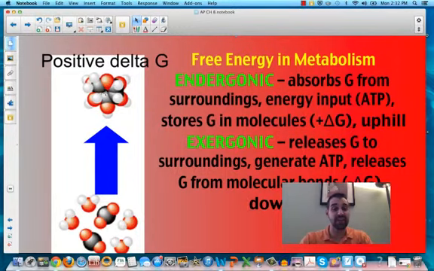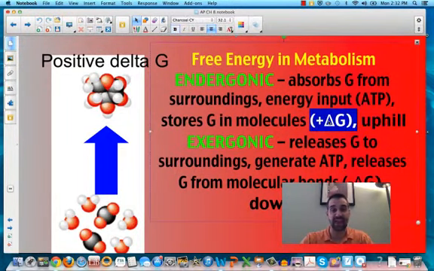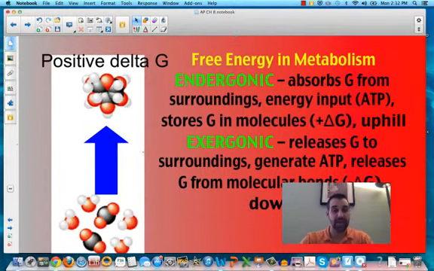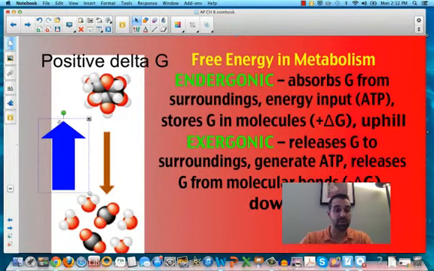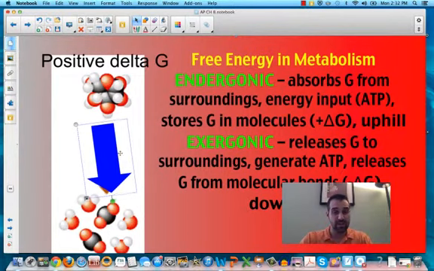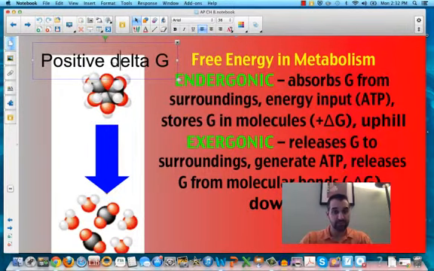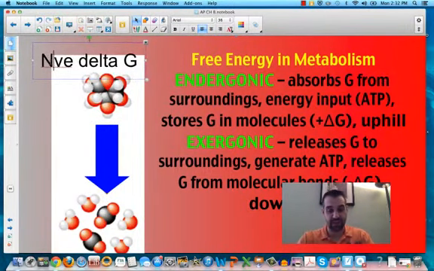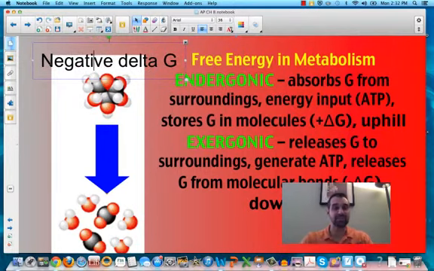Because glucose has a lot of stored energy, that's that positive delta G here, this endergonic reaction. However, when we break glucose down, we know that this is going to release energy, or release free energy out to the environment.